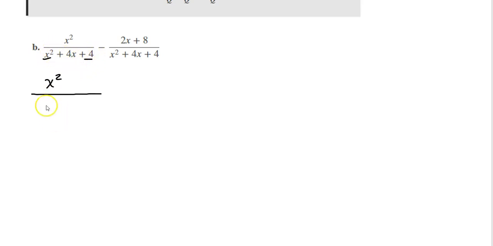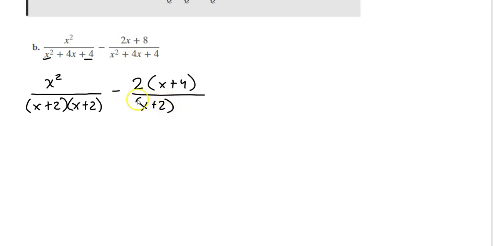So that's going to turn into x plus 2 and x plus 2. Minus, here, notice I can factor a 2 out, and that's going to leave me with x plus 4. All over, well, we got the same thing again. Luckily on this one, we've got the same denominator on both of them, so this makes it a little easier.